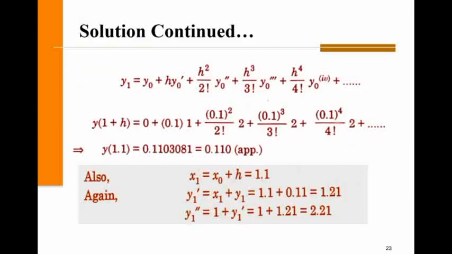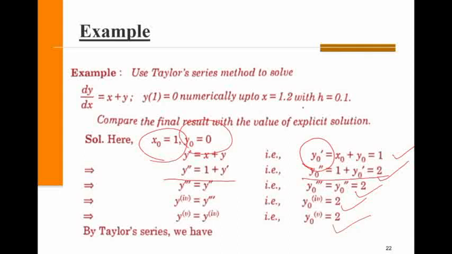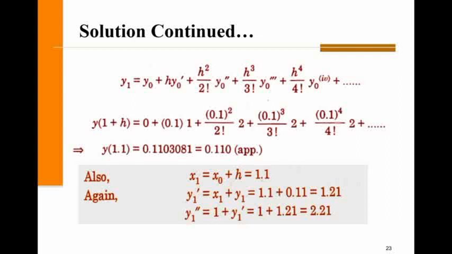So our formula becomes y1 equals y0 plus h y0 dash plus h square by 2 factorial y0 double dash, and so on, right? Now all the values you have calculated here. See, you know what h is, you know what y0 dash, y0 double dash, y0 triple dash, and so on are. As many derivatives as you take, you will get more accurate values. So substitute all the values here, you will get the value of y at 1.1.